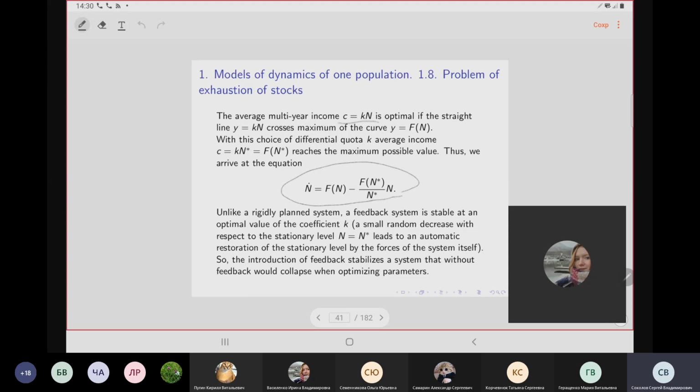For example, if the tax will be 5,000 rubles, if your salary is small, then the tax will be too high, and if your salary is big, then the tax is too small. That's why we have to consider this dynamic feedback control. That's the main result of this model.